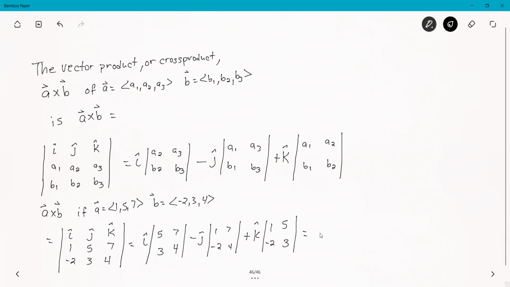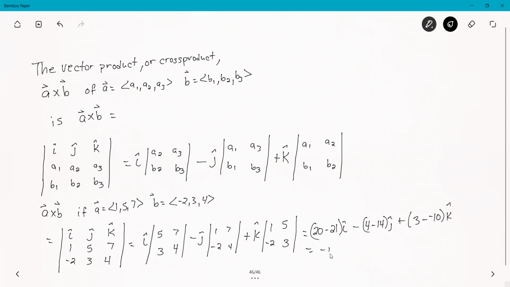So doing the math, I end up with 5 times 4, which is 20, minus 21, and that's I hat, minus 1 times 4 is 4, 7 times -2 is -14, and that's J hat, plus 1 times 3 is 3, minus -2 times 5 is -10, and that's K hat.